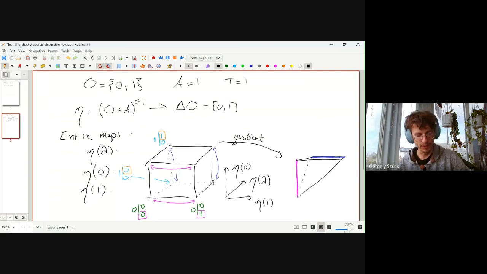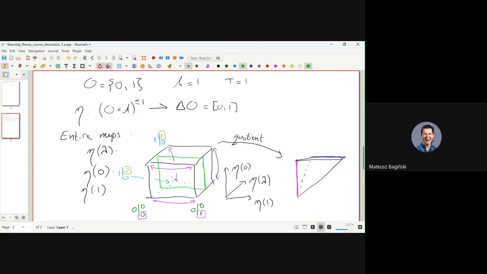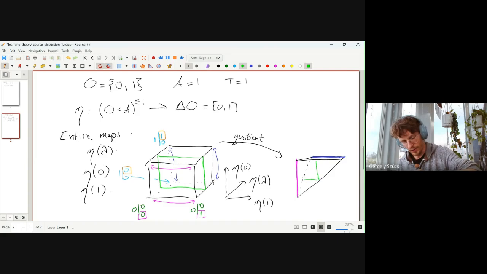Not every map is strictly partial, because if we look at the middle slice, where the first output is 1/2, that one actually remains the same. So those are entire maps here. So we basically only need to collapse parts of the faces of this cube.